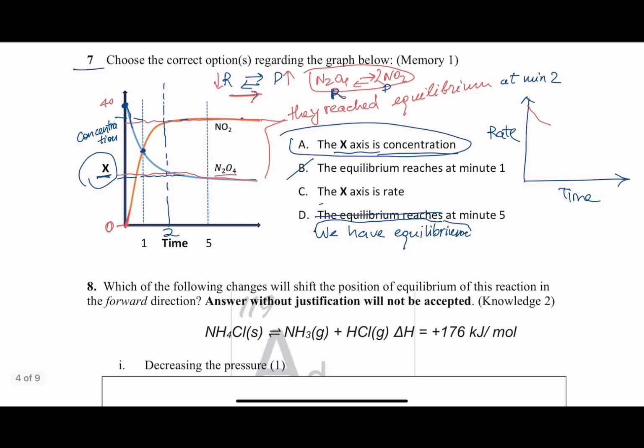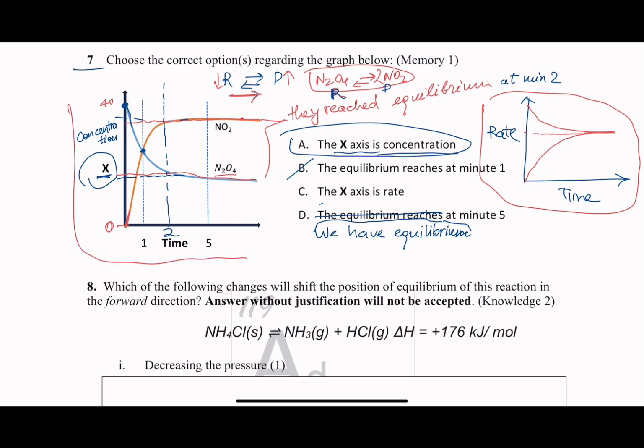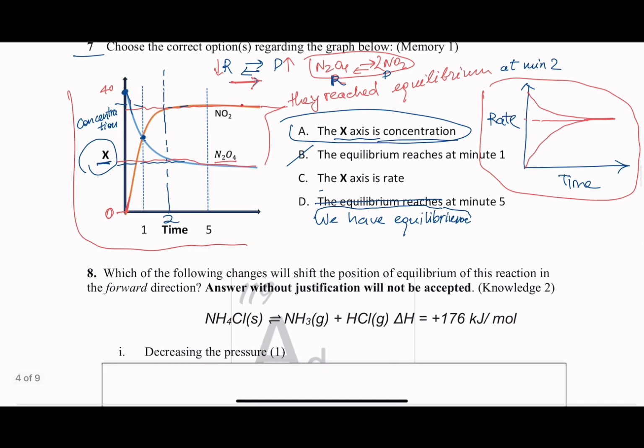So forward and reverse reaction, they become the same rate. This is the rate versus time graph, and this is the concentration versus time graph. So that's why the equilibrium reaches at minute 5. The answer is A and D, as C is incorrect.